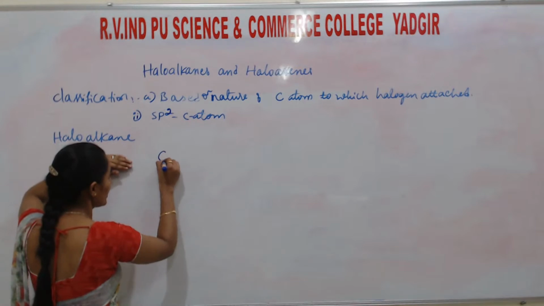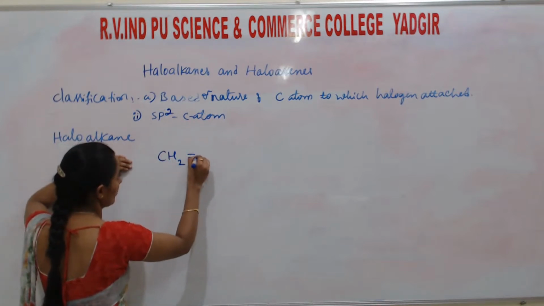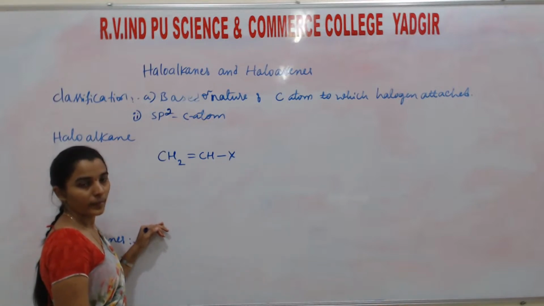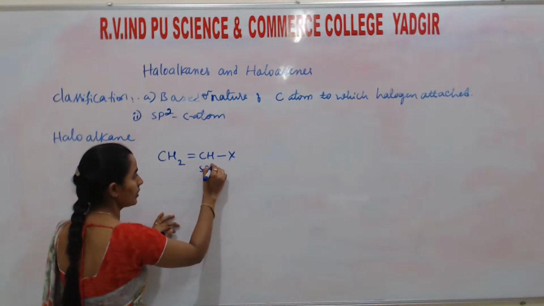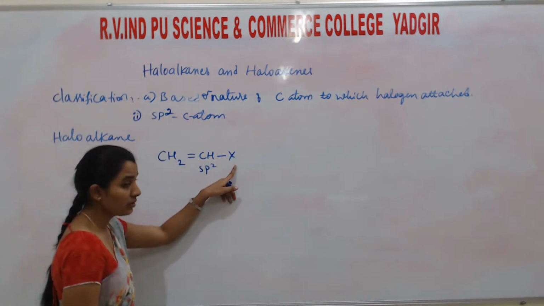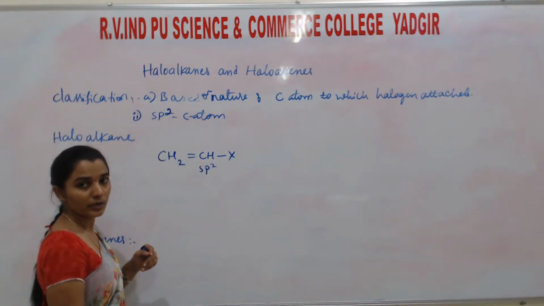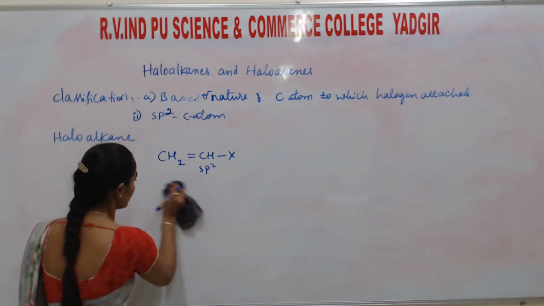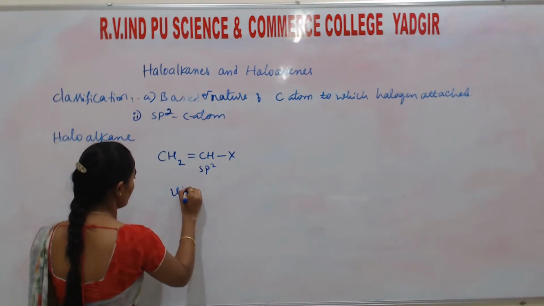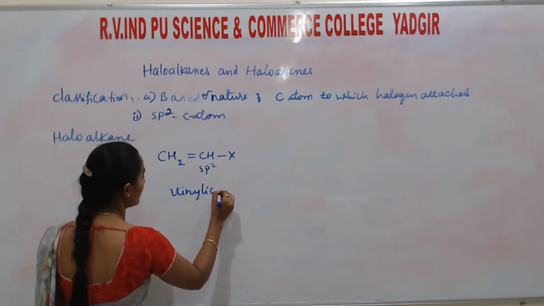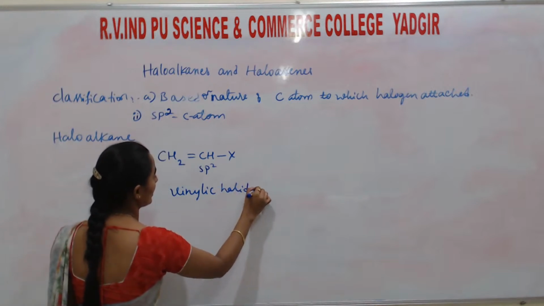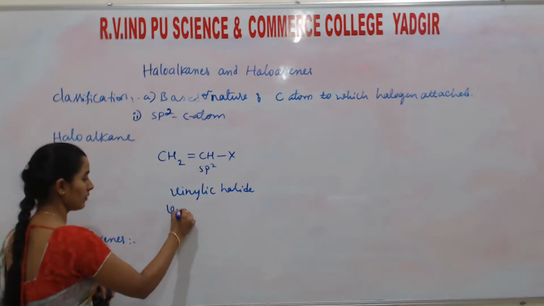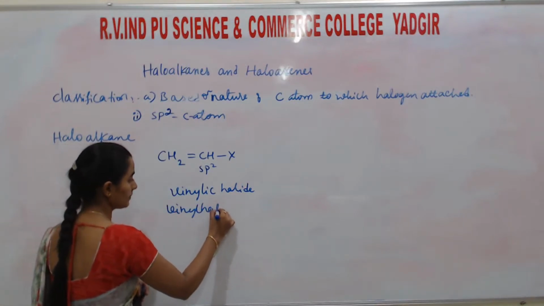For example, I take CH2 double bond CHX. This is sp2 hybridized carbon atom. If the halogen is directly attached to sp2 hybridized carbon atom, then it is vinylic halide, or vinyl halide. Vinyl also you can say vinyl halide.